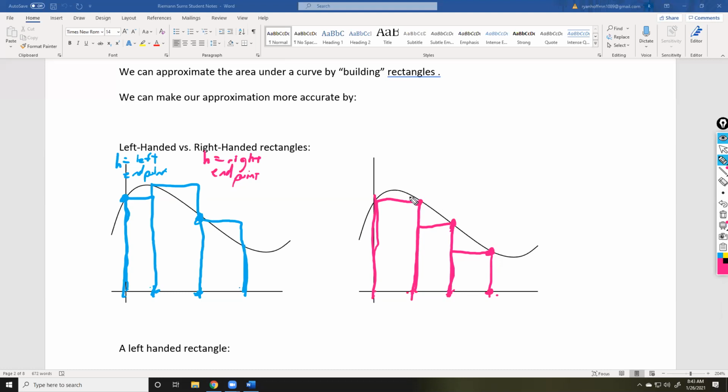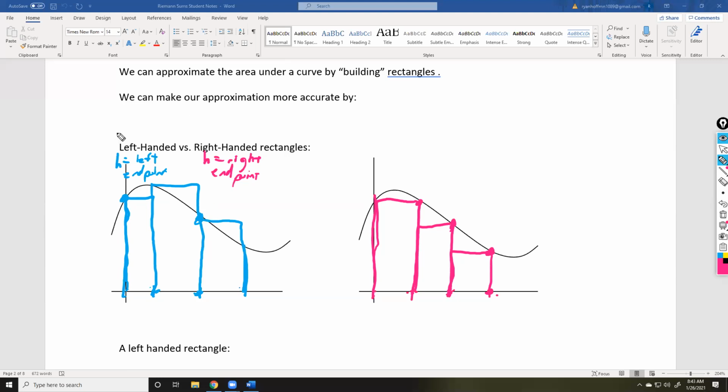And you can see how these two can give us slightly different answers for the area, because of which endpoint we are picking.